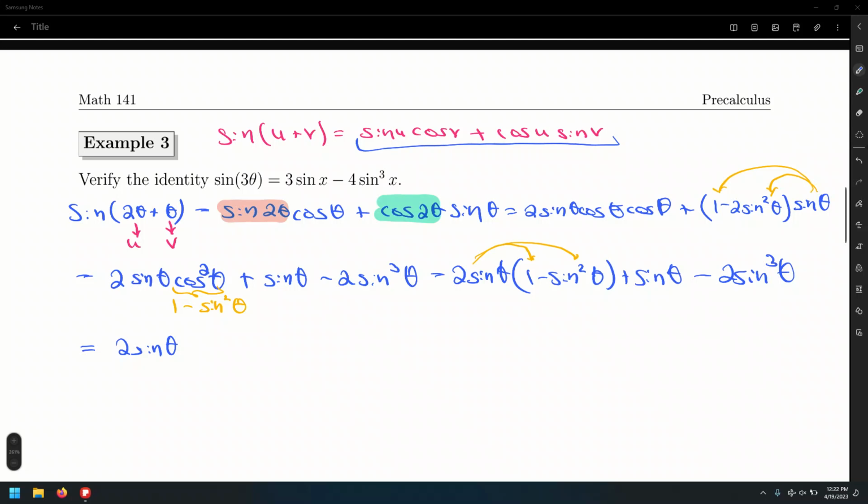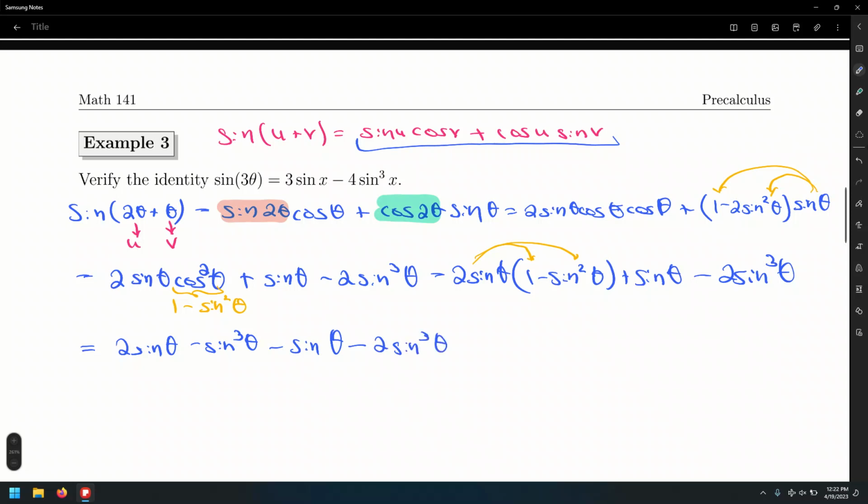Because we have the same base, we combine the powers together, that is invisible 1 plus 2. That's minus 2 sine cubed theta. So we're done distributing this. Now let's just keep carrying the last two terms: plus sine theta minus 2 sine cubed theta.